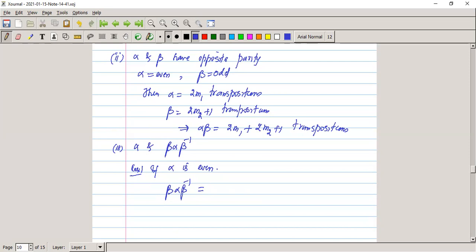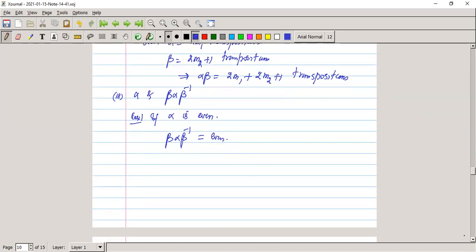Then beta will have odd number of transpositions, beta inverse will have odd number of transpositions, and since alpha has even number of transpositions, beta alpha beta inverse will have odd plus even plus odd number of transpositions, that is again an even number. So in both the cases beta alpha beta inverse will have even number of transpositions, so it will be even.